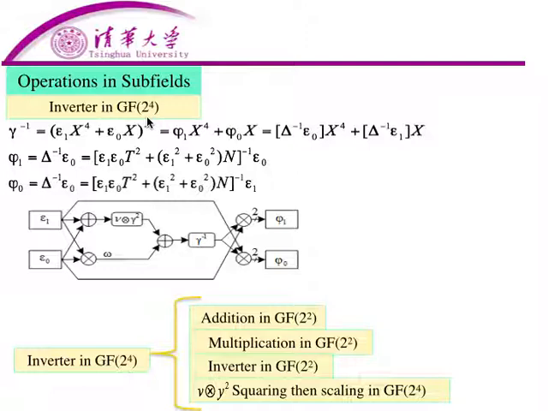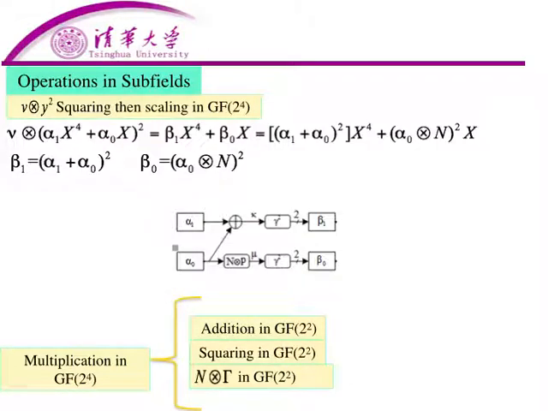Similarly, we can also divide the operation in the field of GF(2^4) into different operations in the next subfield level. Here is like this, etc.